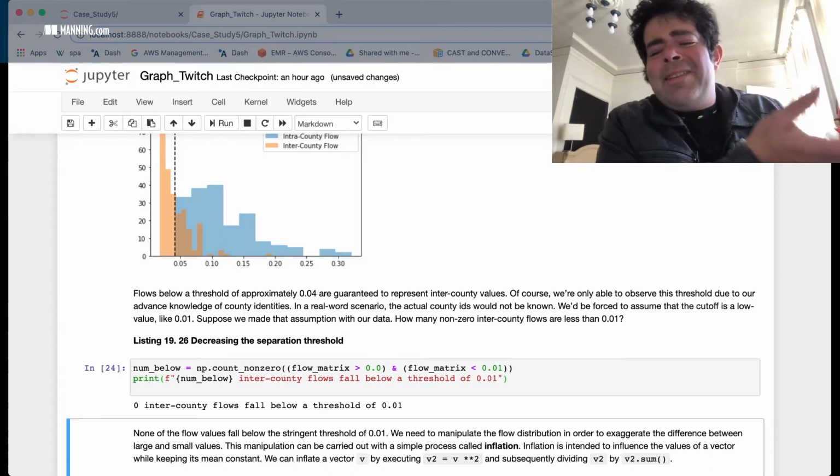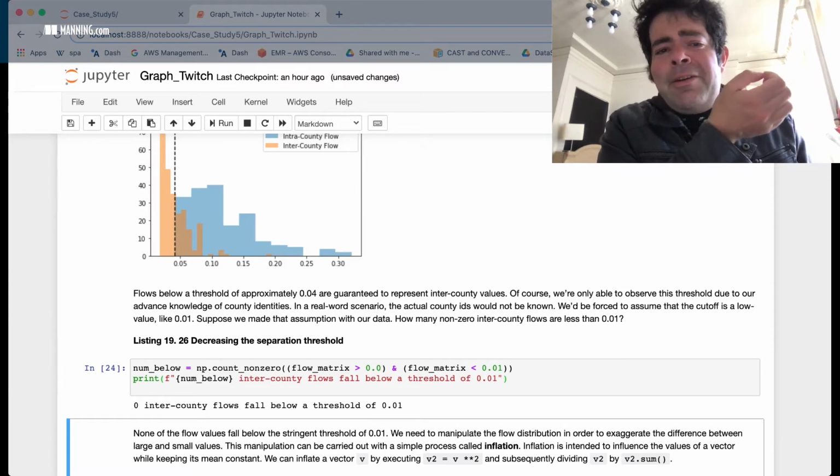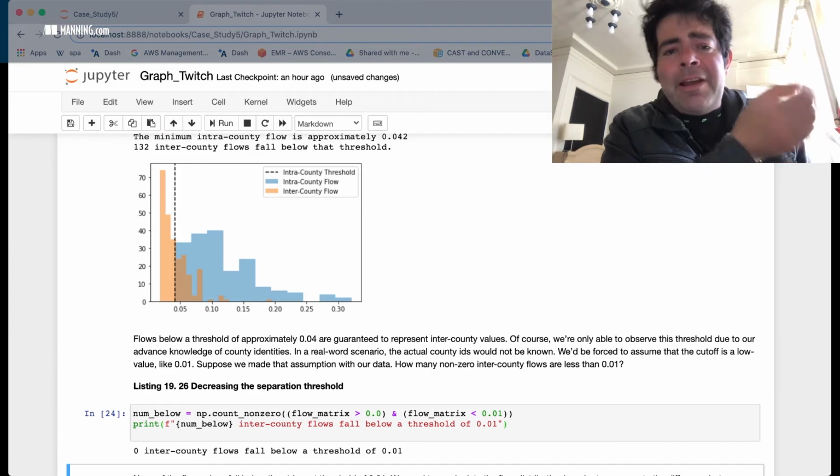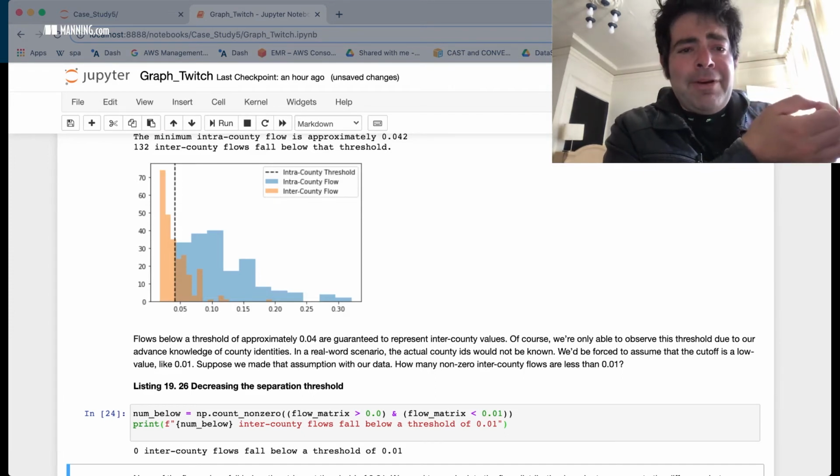It's not that the threshold we guessed is worthless, because the difference between intra and inter-county flows is great, but it's not that great. It's not big enough. This vertical bar needs to be smaller, it needs to be more to the left.